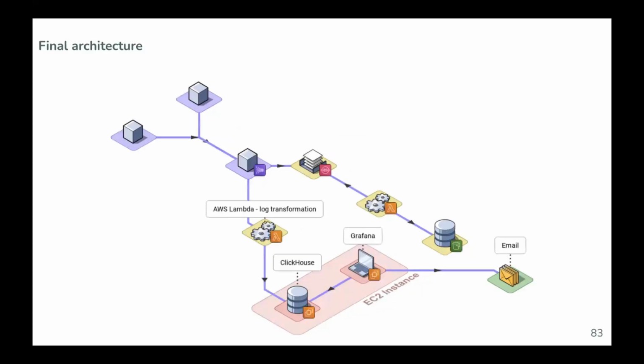On the left side of the pipeline, the logs are then parsed and transformed by AWS Lambda and then shipped to ClickHouse. Grafana visualizes the logs stored in ClickHouse and sends email alerts to our users when metrics reach certain thresholds. On the right side of the pipeline, failed logs are processed by the failed logs pipeline and stored in S3.